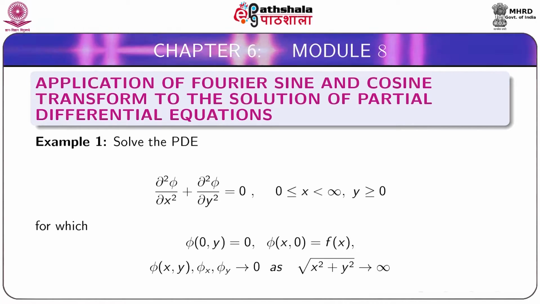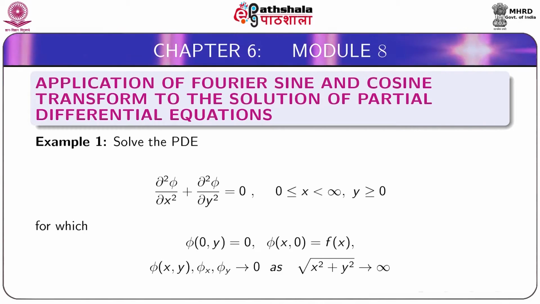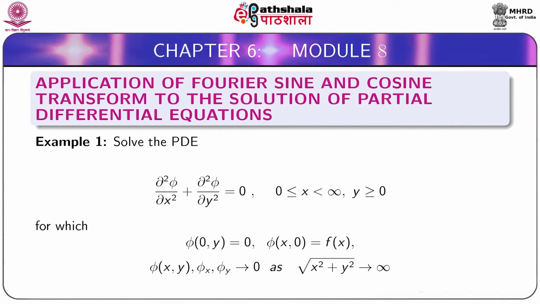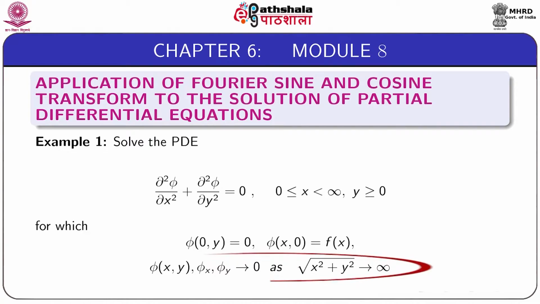The conditions given are phi at x equal to 0 is 0 and phi at y equal to 0 is small f(x), and phi_x, phi_y all tend to 0 as root over x square plus y square tends to infinity.